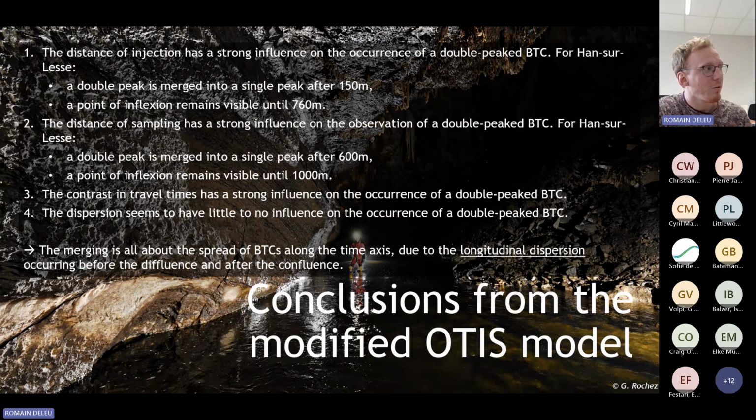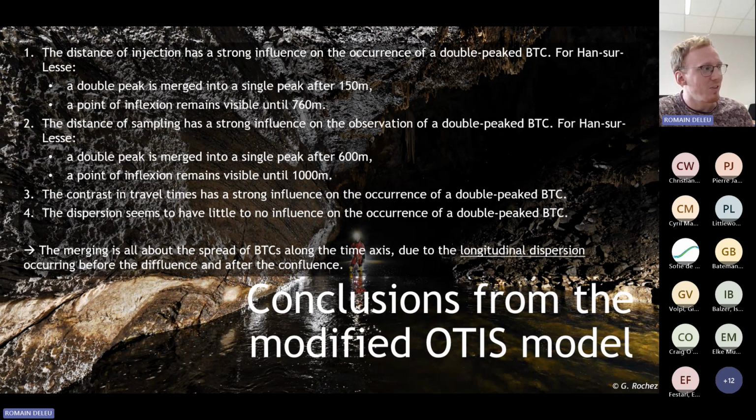This is the same for the distance of sampling, so the distance of the fluorometer. It has a strong influence on the observation of a double peak breakthrough curve. And for An-sur-Lesse, it seems that the double peak is merged into a single peak if we place our fluorometer after 600 meters, but a point of inflection can remain visible until 1,000 meters.